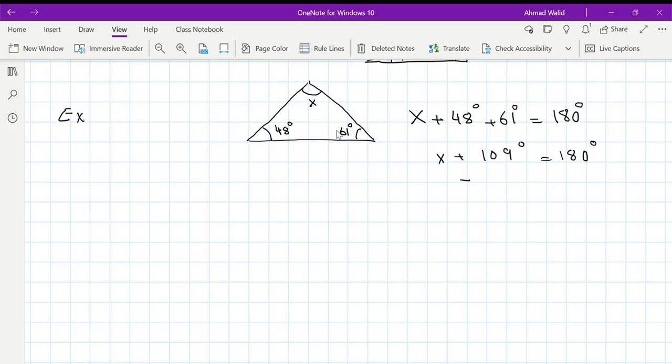Now subtract 109 from both sides. These two cancel out. Then x equals 71 degrees. It means this angle is 71 degrees. They're really easy examples, because you only need to remember the relation that the sum of the interior angles of any triangle is 180 degrees.